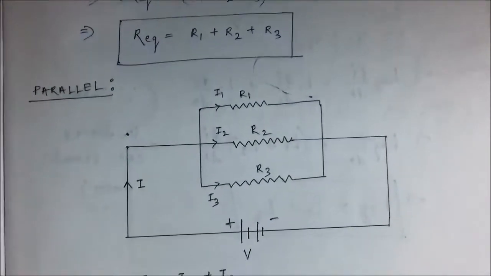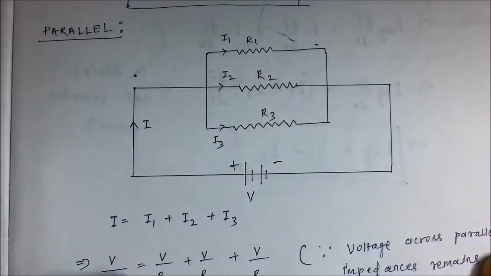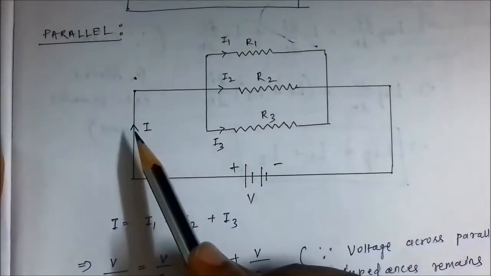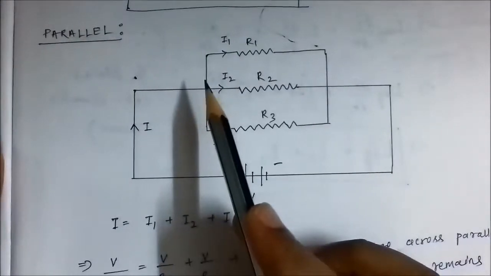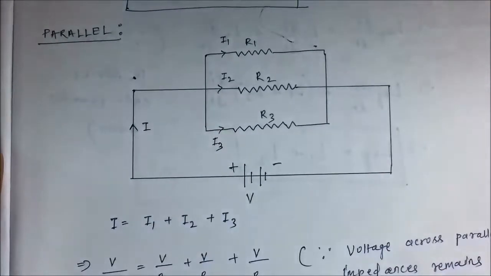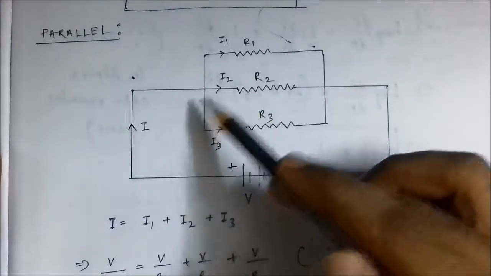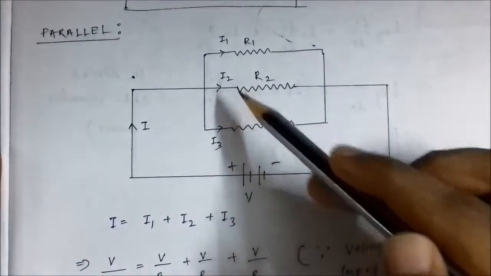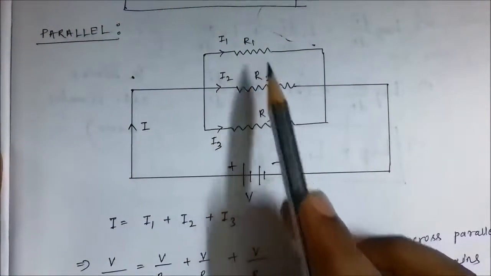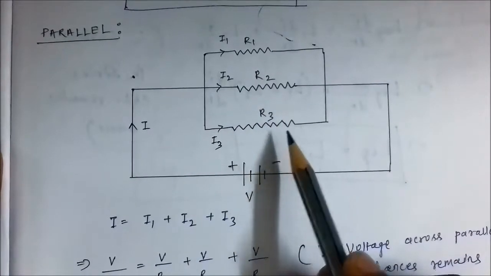So applying Kirchhoff's current law here, we can write it as the net current I divides itself here as I1 plus I2 plus I3. So I1 current flows through R1, I2 current flows through R2, and I3 current flows through R3.